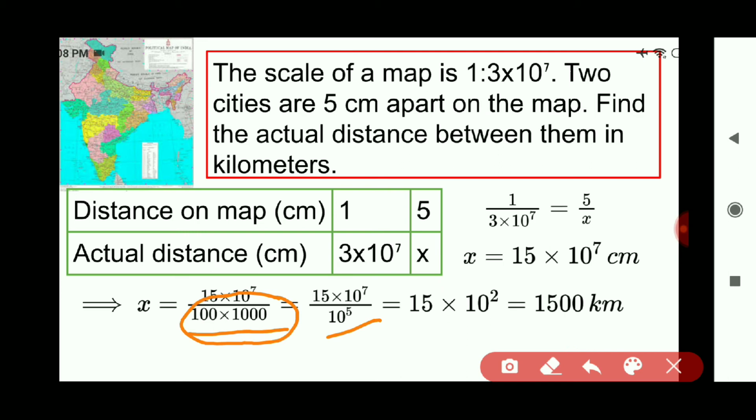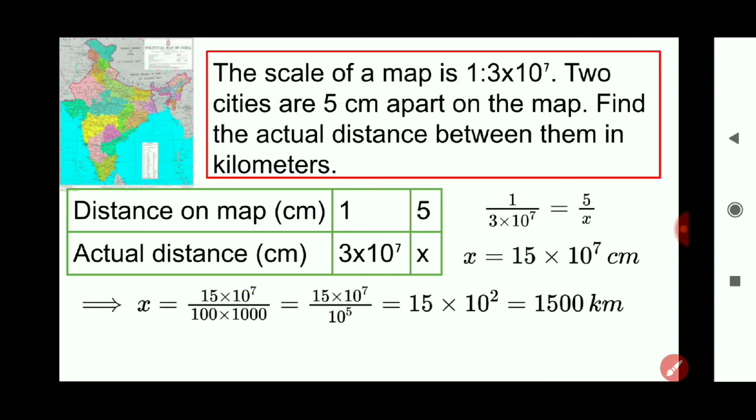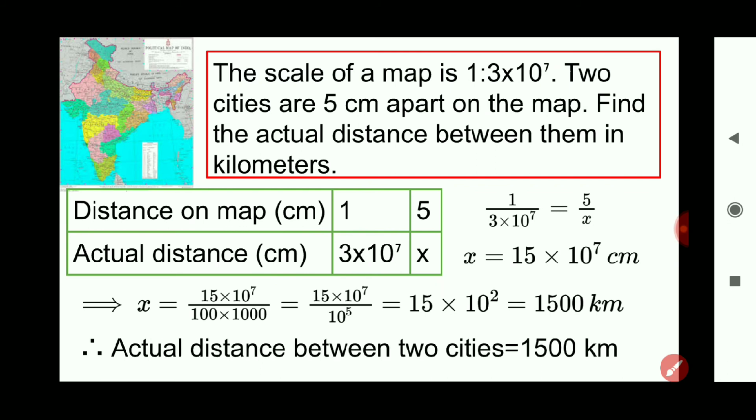So 10 power 7 by 10 power 5 results 10 square. 10 square means 100. 15 into 100 is 1500 kilometers. So the actual distance between the two cities is 1500 kilometers.